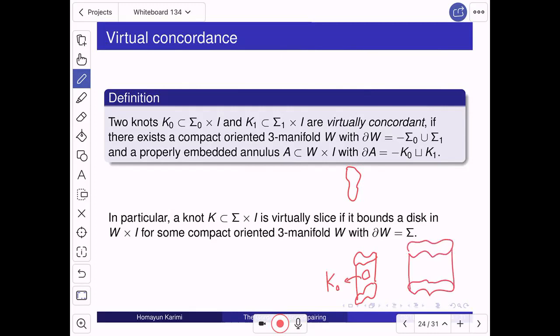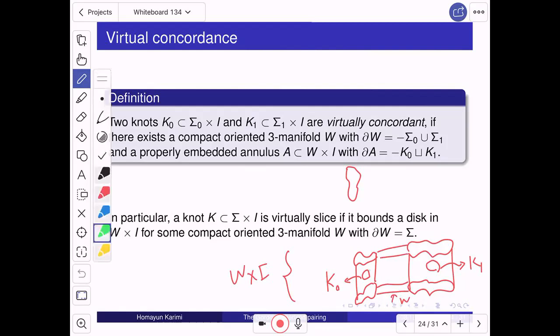And here is another surface, sigma 1 cross I. My knot K1 lives here. If you can find a three-manifold W with boundary these two surfaces, so that's my W, and then cross it with I, so this whole picture is W cross I, and inside this, if you can find an annulus that connects K0 to K1, then K0 is called concordant to K1.